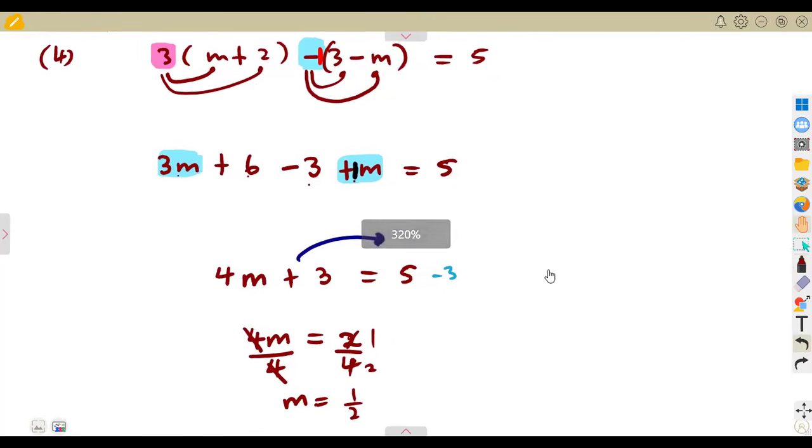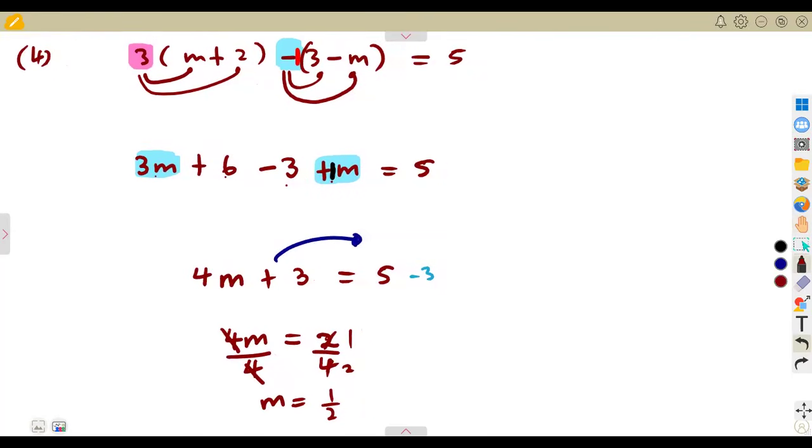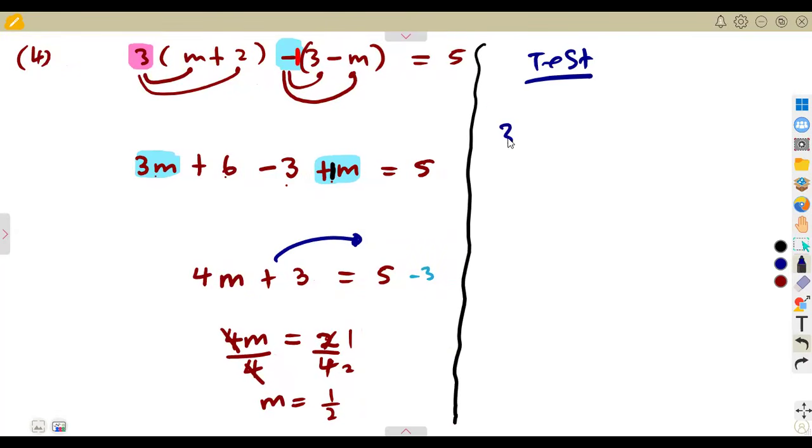Let us check. With the value of m that we have calculated, if we substitute on the left-hand side, we have 3 into m, which is a half. So that's half plus a 2, minus the bracket of 3 minus m, and our m is 1/2.